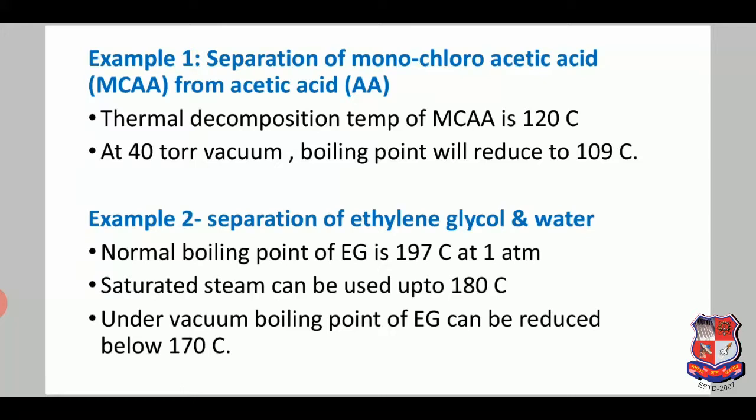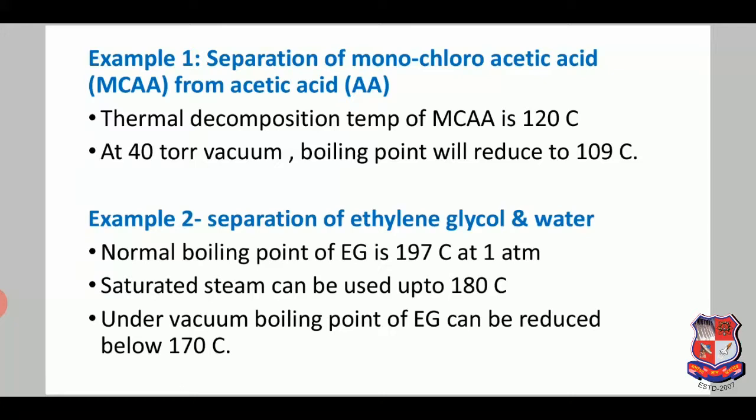So what option do we have available? We need to carry out this operation in vacuum. By reducing the pressure to 40 torr, its boiling point will reduce to 109 degrees Celsius. Try to understand, students.